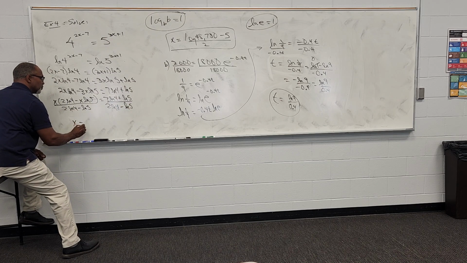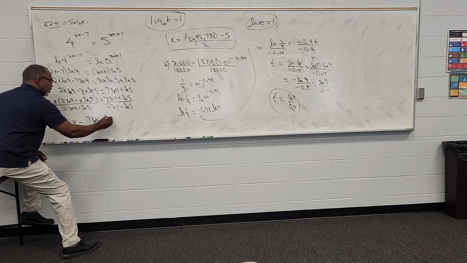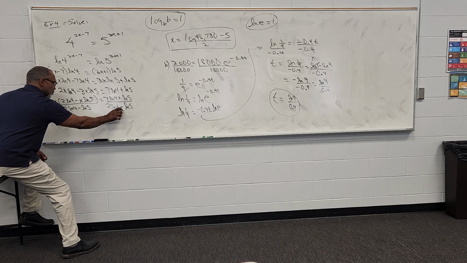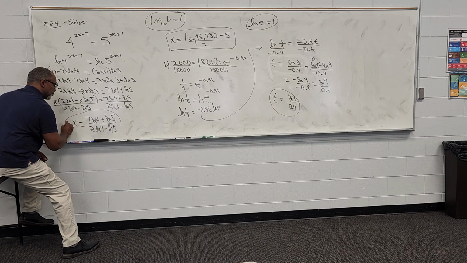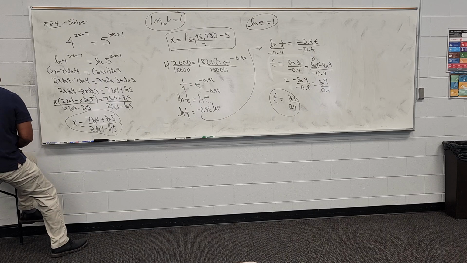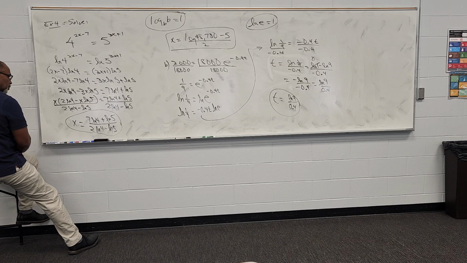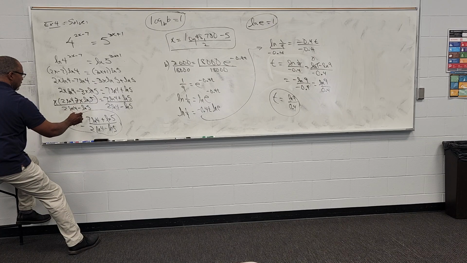And so x equals 7 ln 4 plus ln 5 divided by 2 ln 4 minus ln 5. Okay? They have a 3. Oh yeah, this was a 3 ln 5, 3x ln 5.